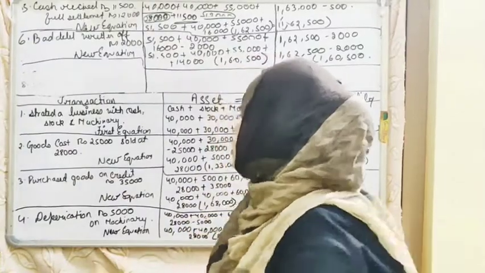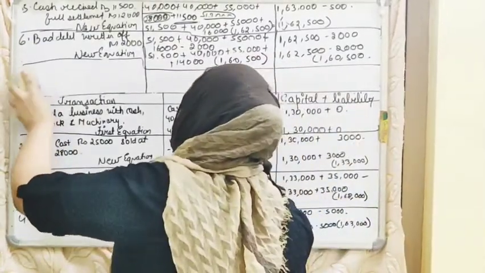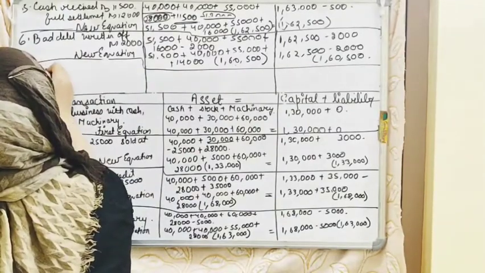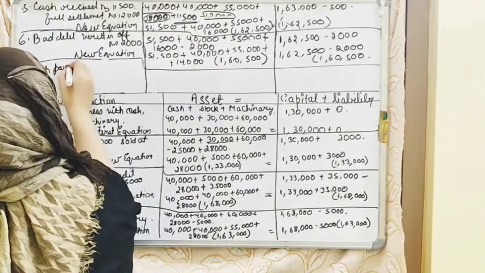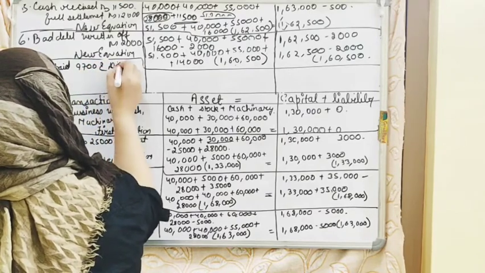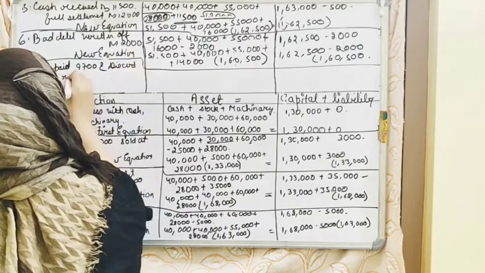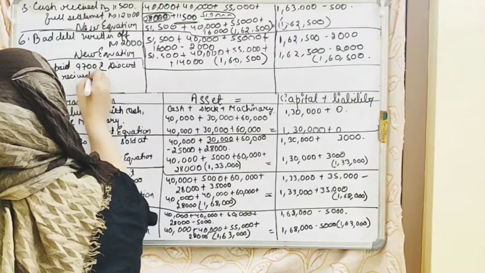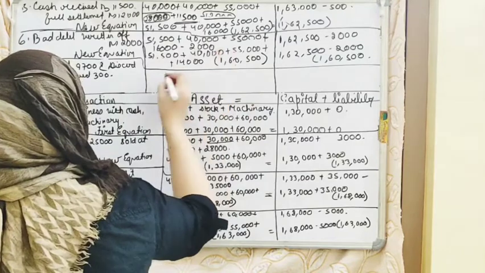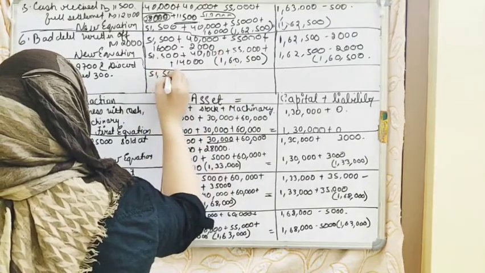So we'll write the transaction. Cash paid 9,700 and discount received 300.